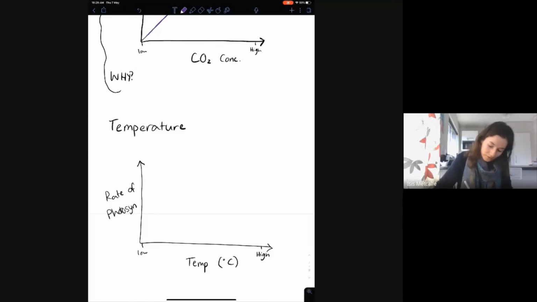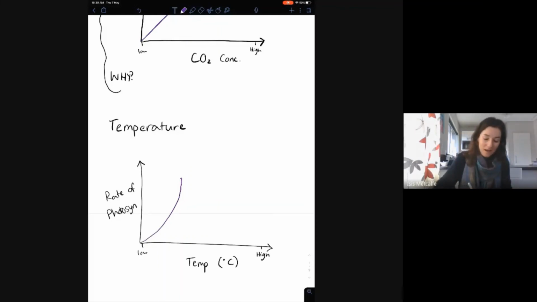As you increase the temperature, the rate of photosynthesis is going to increase. And that is all to do, actually you guys are year 11, so you might not have learned this, but if you think of chemistry and chemical reactions, if you increase the temperature, the particles that are all moving around in the liquid or whatever, they're going to move around faster and faster, and they're going to collide faster, thus speeding up the rate of reaction.